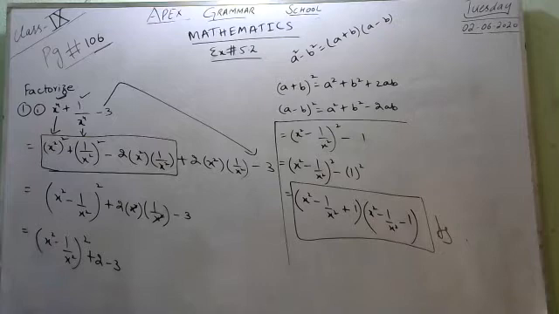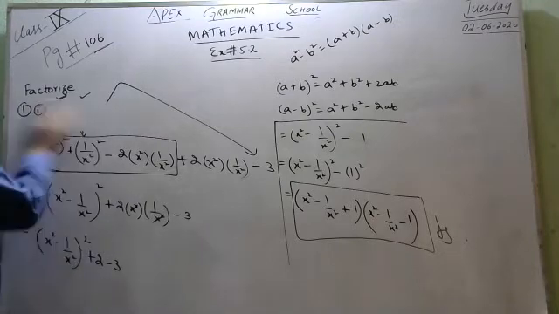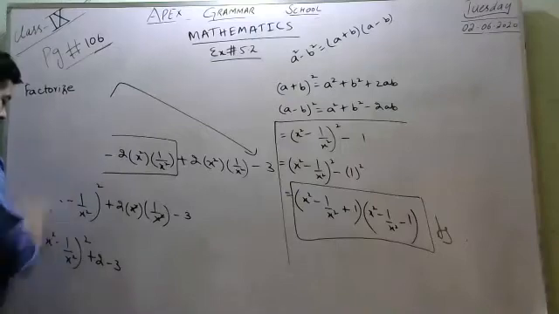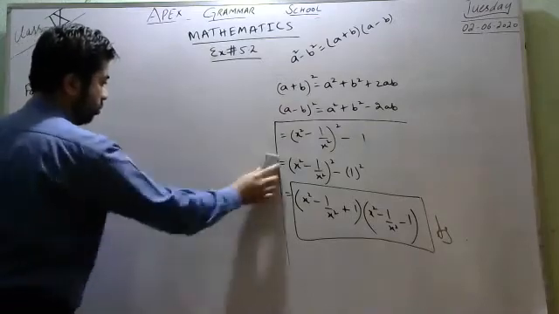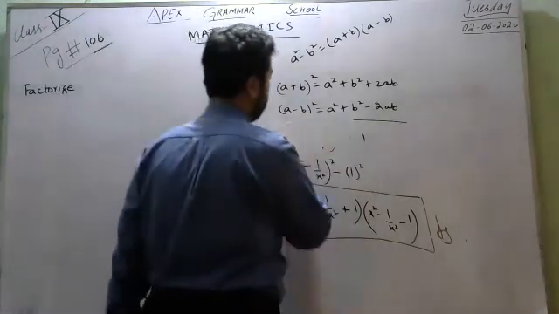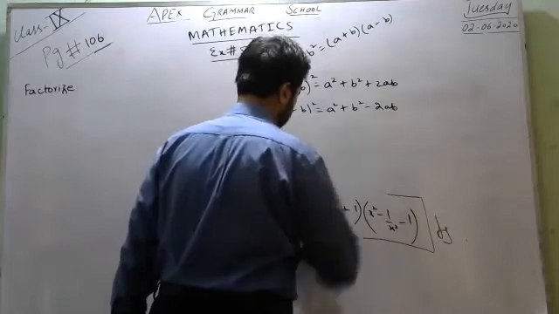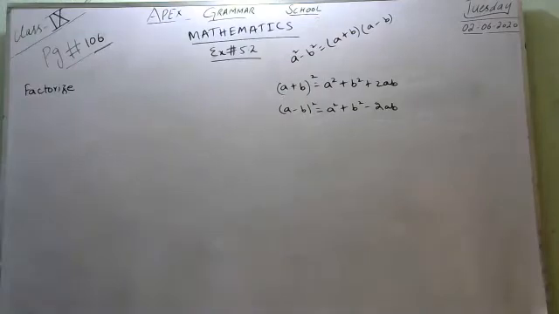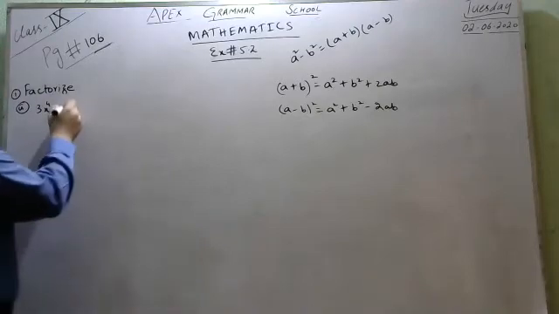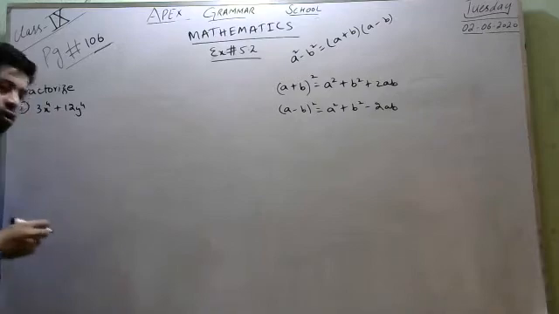Now we will move towards part 2. Part 2 is 3x⁴ + 12y⁴.